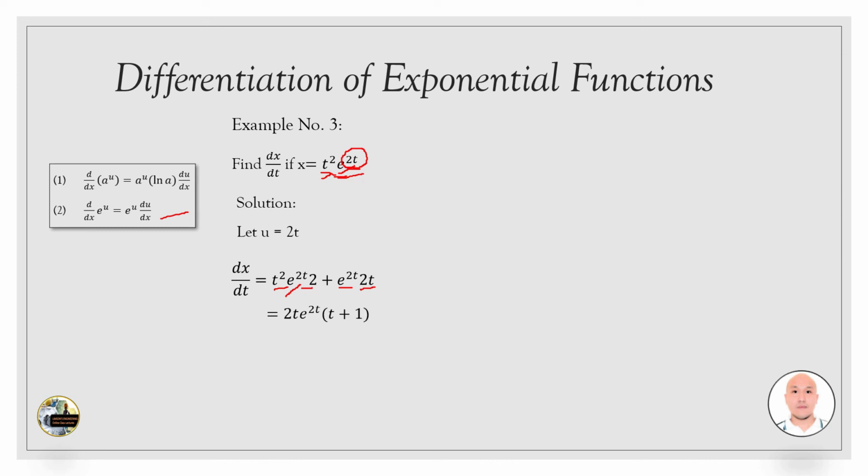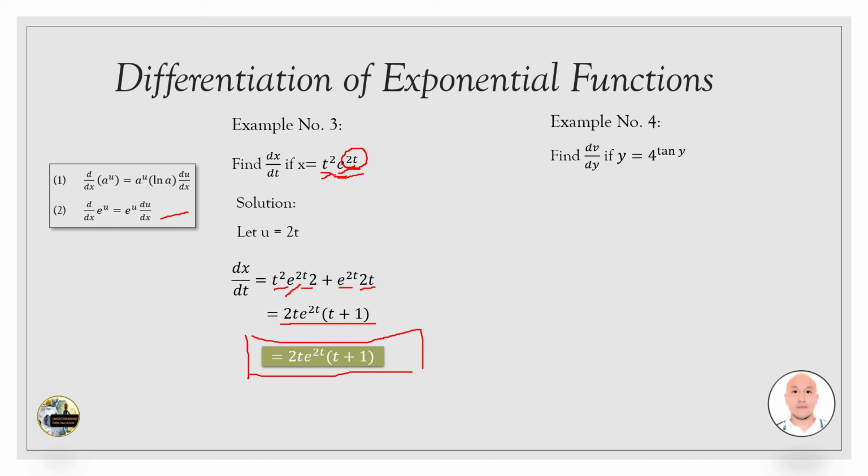That gives 2t e raised to 2t times (t plus 1). Our final answer is 2t e raised to 2t times (t plus 1).